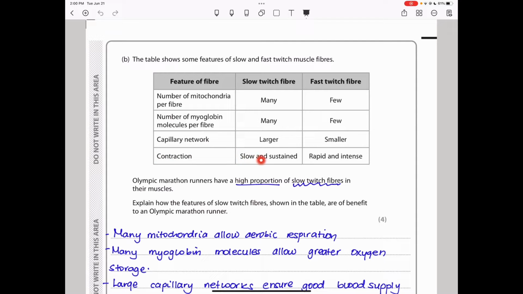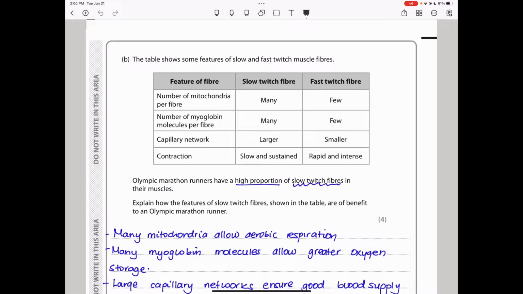Slow twitch fibers contract slowly and they are sustained. Sustained contraction means they enable the person to carry out activity for longer periods of time. However, the response is going to be slow in comparison to the fast twitch, where the response is rapid and intense, but it might not be sustainable for longer periods of time.